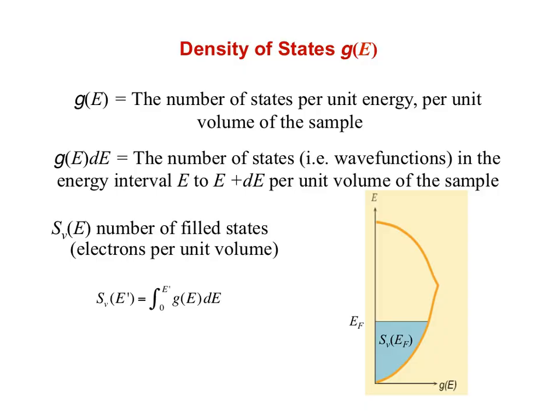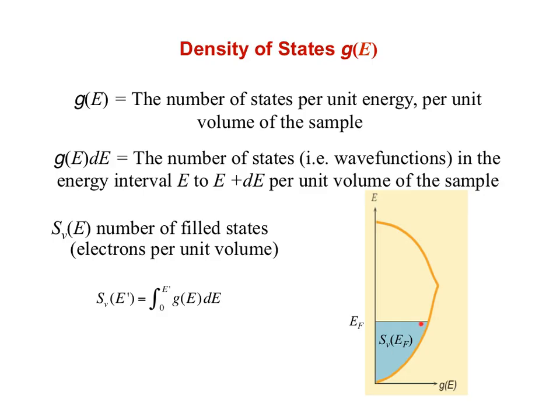If, for example, I wanted to know the total number of states up to a particular energy, then I would take the g of E times dE and sum that up over that energy range, which is an integration.